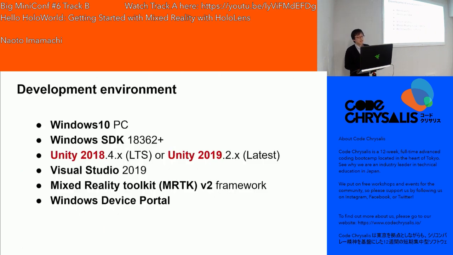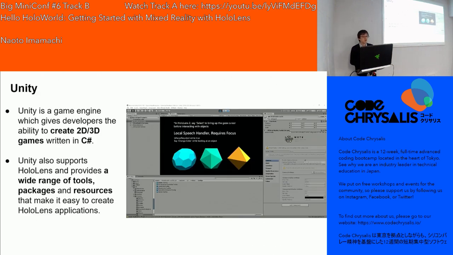The other one is Unity, of course. Unity is a game engine which gives developers the ability to create 3D games written in C#. Unity also supports HoloLens and provides a wide range of tools, packages, and resources that make it easy to create HoloLens applications to manipulate 3D models.